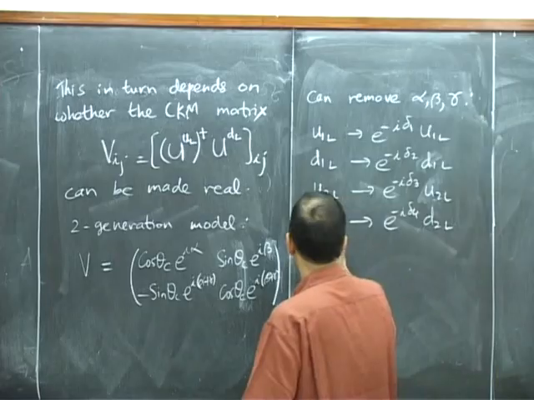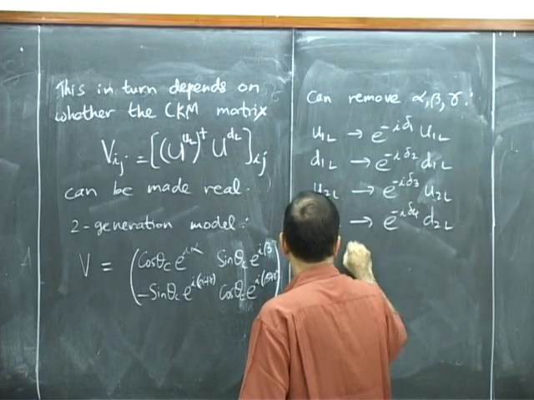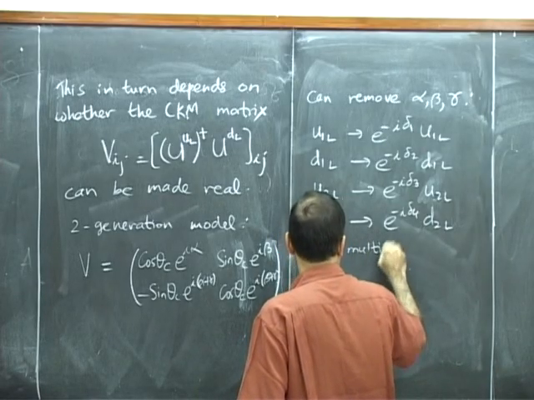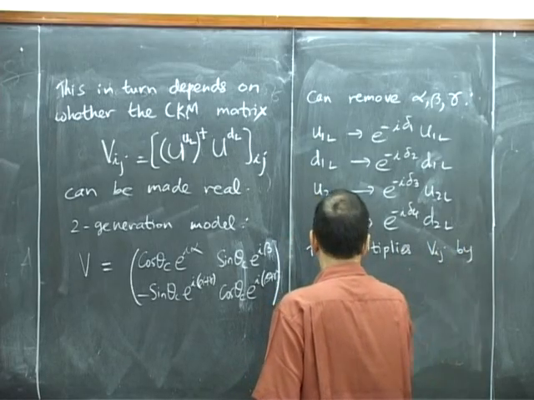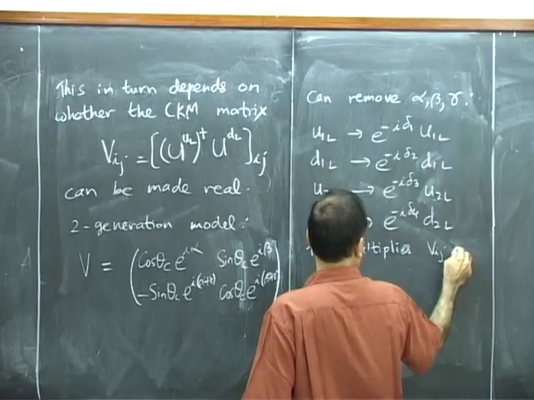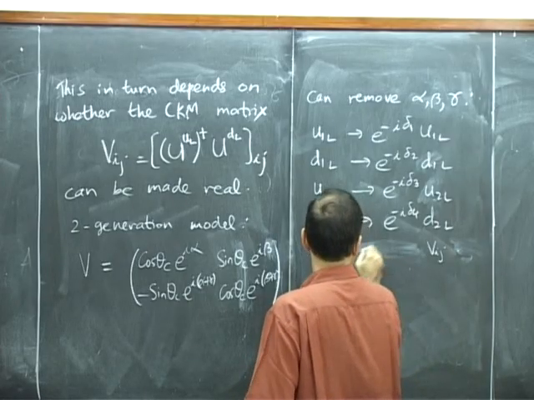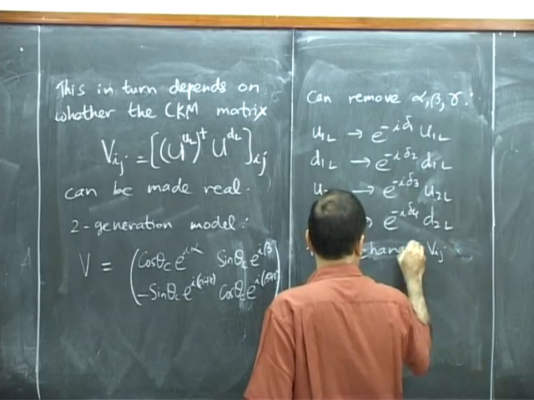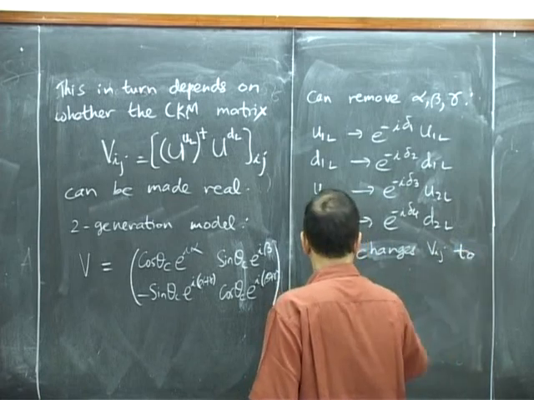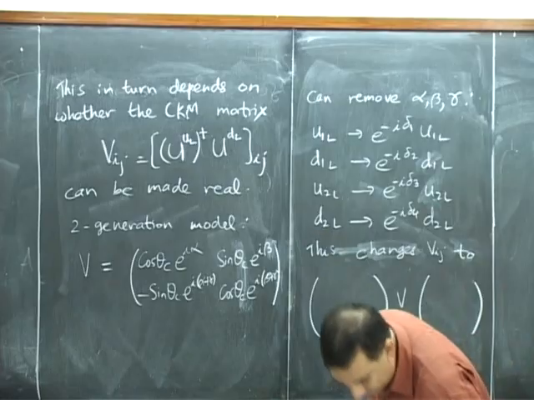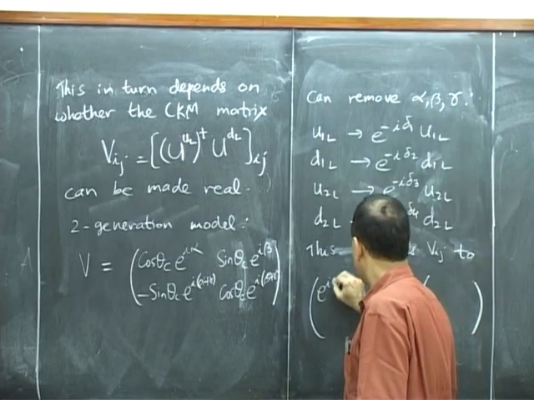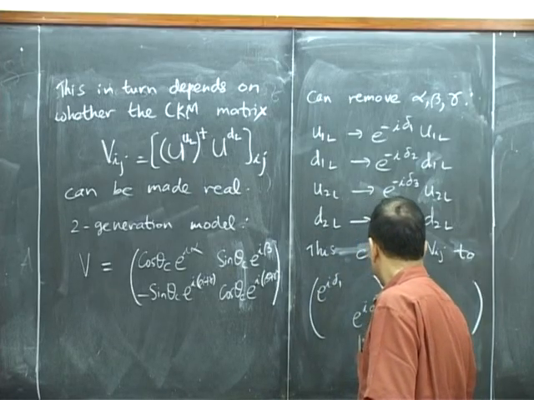Okay, so this affects the CKM matrix by multiplying it on both sides. Well, this changes Vij to a matrix, then V and another matrix, and the left side is e to the i delta 1, e to the i delta 3.